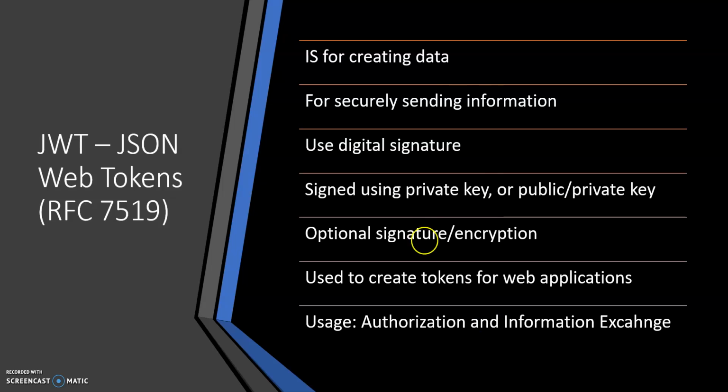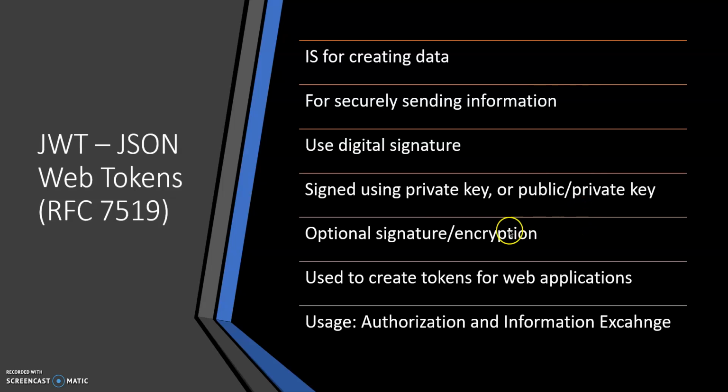First, what is JWT? JWT stands for JSON Web Tokens, and it is defined in RFC 7519. JWT is basically the internet standard used for securely sending information from one point to another, and it uses a digital signature which is signed by a private key or a public key, using algorithms like HMAC, RSA or ECDSA.